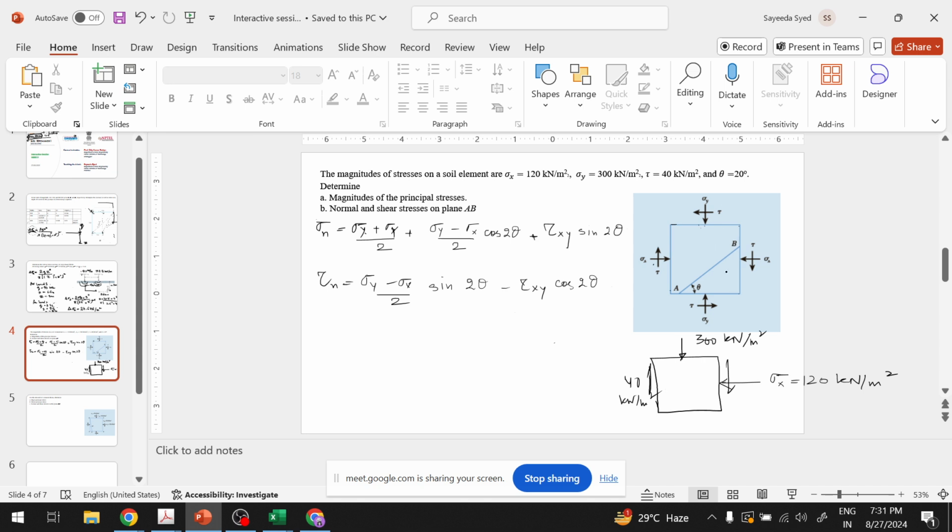Then tau here, which is equal in all places. Okay, and this angle is 20.